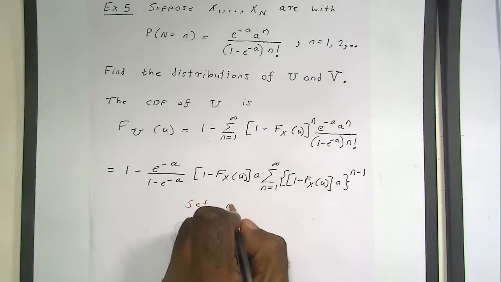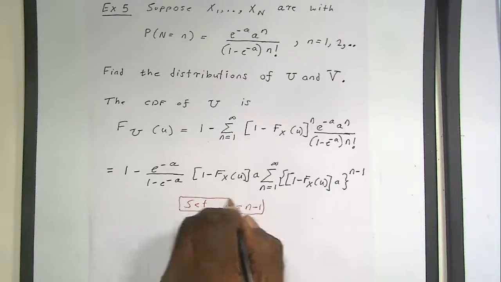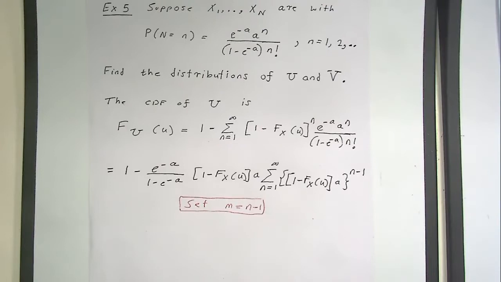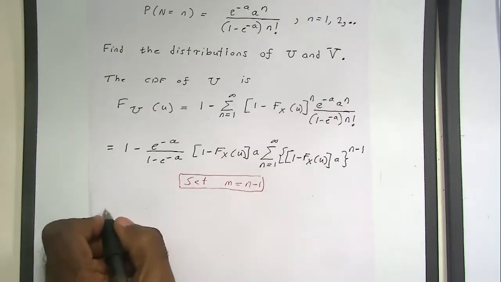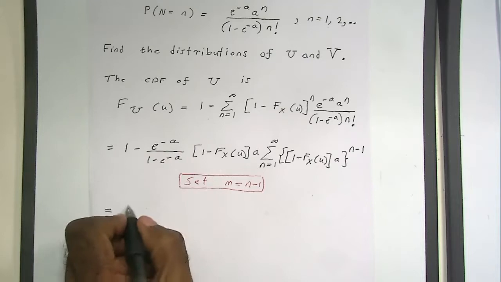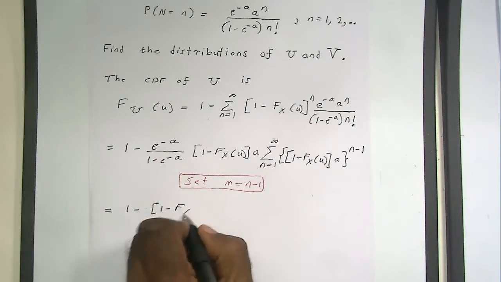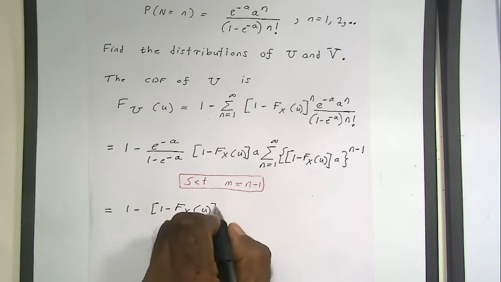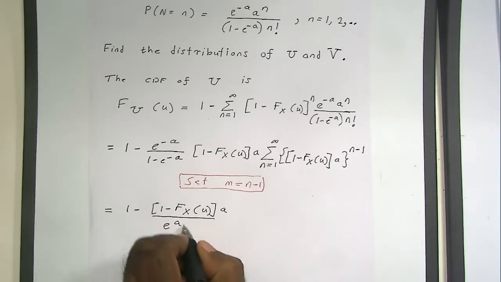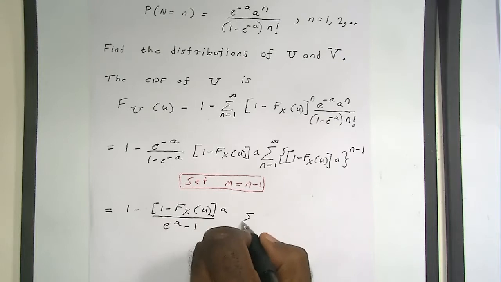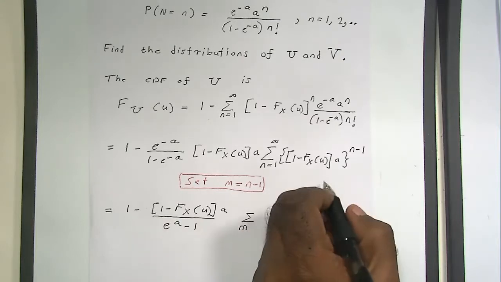I'm going to make the substitution m equal to n minus 1. So this will become, you can simplify it to... I left out something.